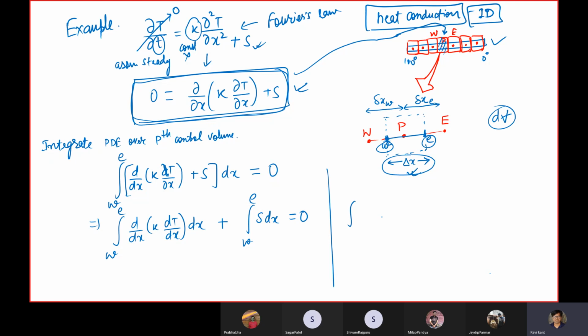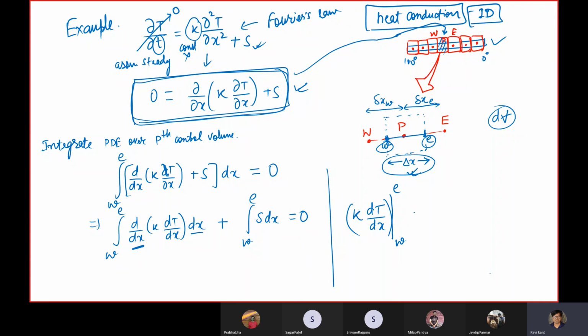Because dx and the differential cancel, we are left with k dT by dx evaluated from west face to east face.